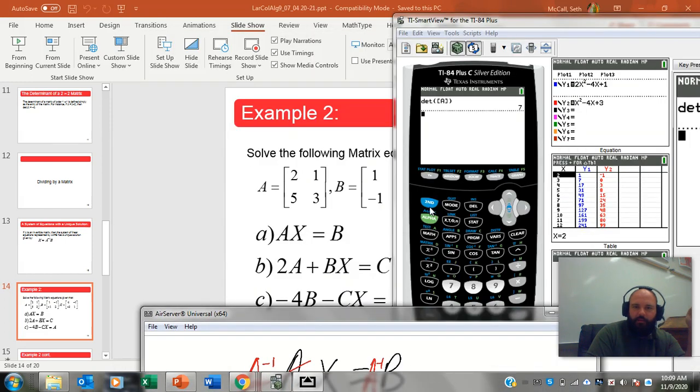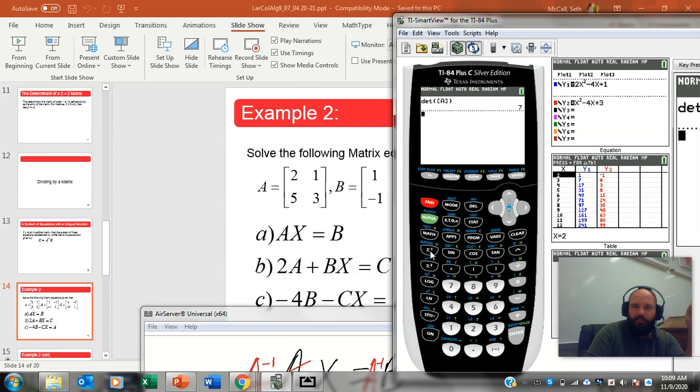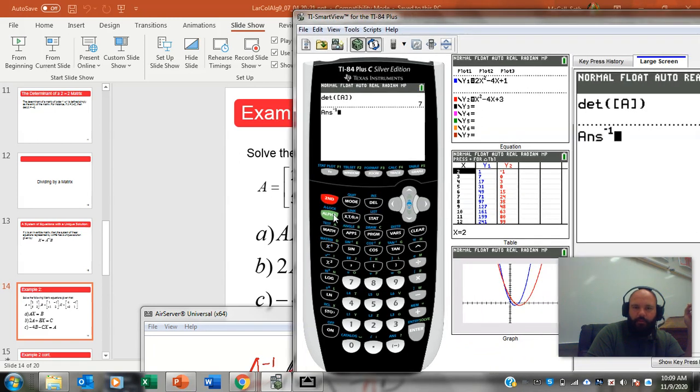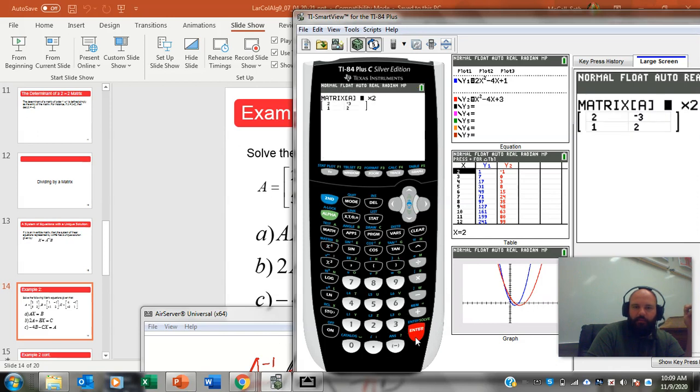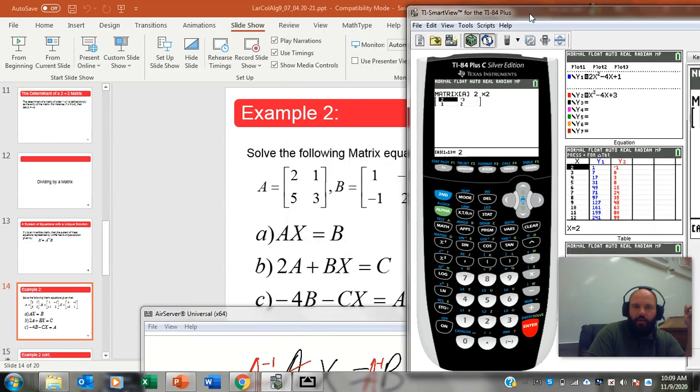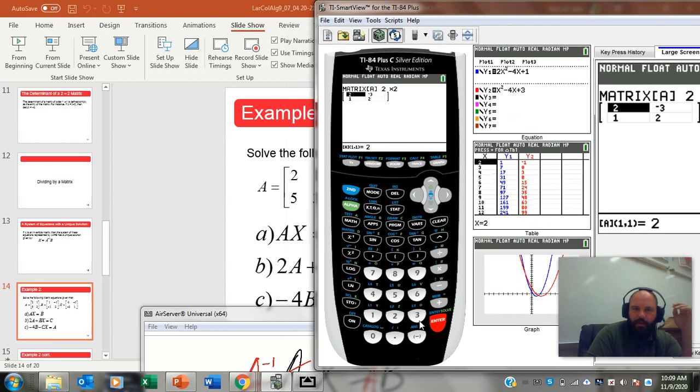I'm going to type A in. So we'll go into second matrix. My calculator's running slow here. Let me clear this out for a second. So second matrix, we'll go into matrix A. It is going to be a 2 by 2, and it's going to be 2, 1, 5, 3.